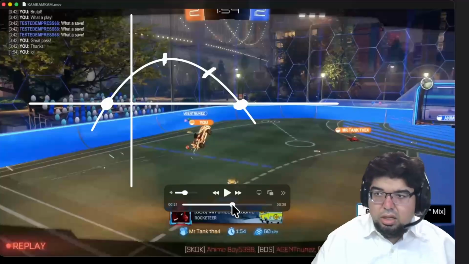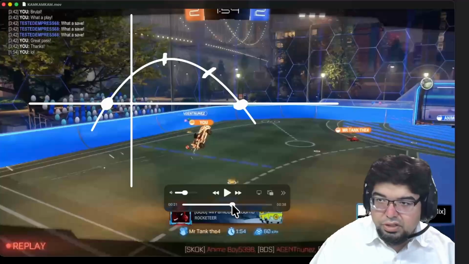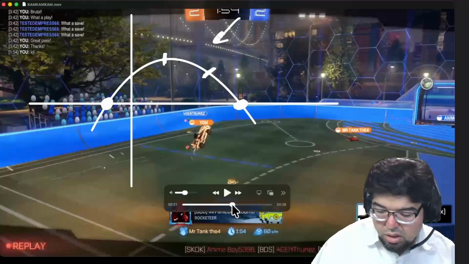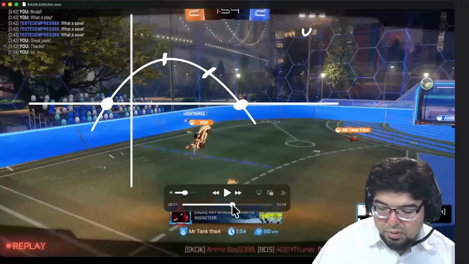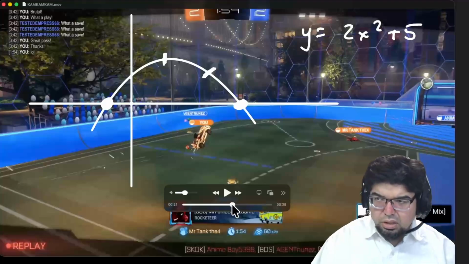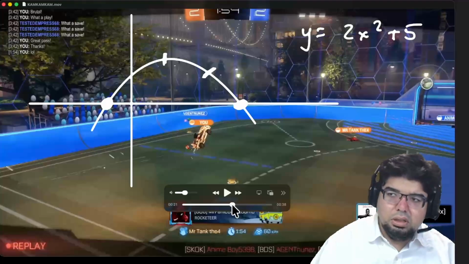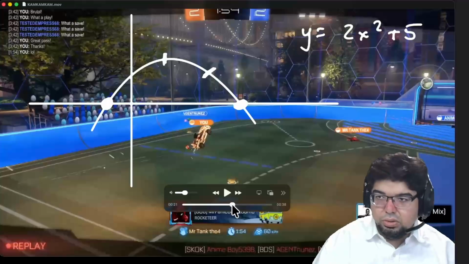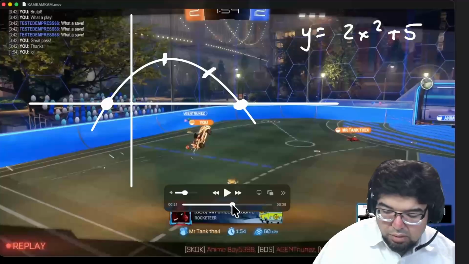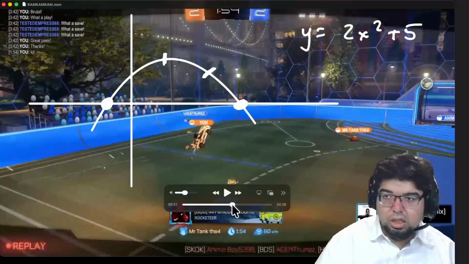So obviously this was a visual, right? But you can actually work with equations as well, like what looks like algebra, like y equals 2x squared plus 5, you know? So you have these equations that you can use, which help us precisely determine and find numbers that we can attach to this problem.